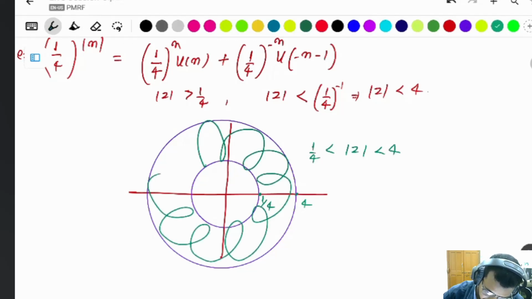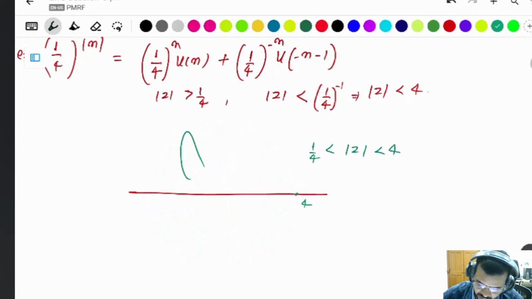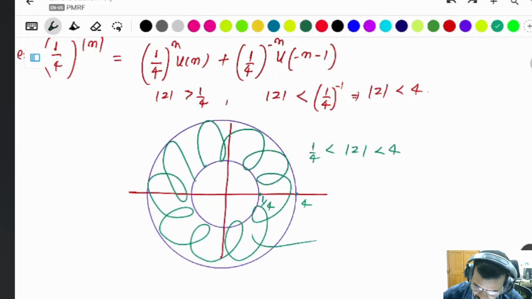Circular ring, you can say. Oh sorry, this is the ROC. Okay.